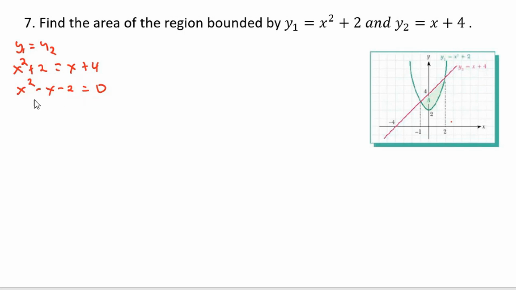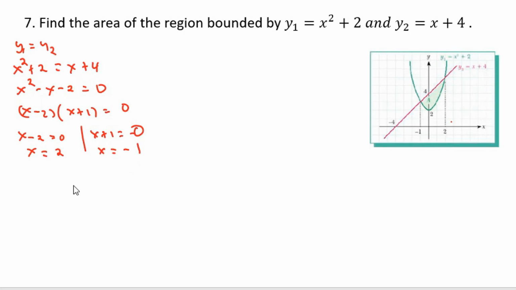And then factor this one: x minus 2 times x plus 1 is equal to 0. Equating each factor to 0, x minus 2 is equal to 0, and the other one is x plus 1 is equal to 0. Therefore, x is equal to 2, and the other one is x equal to negative 1. So these values are the intervals for this curve.